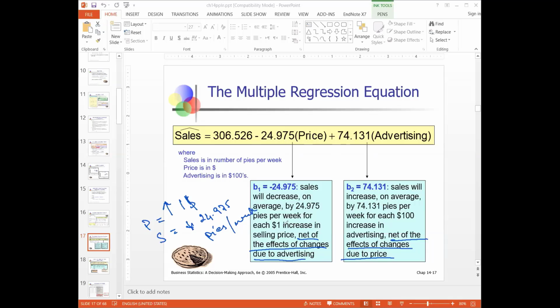When you say an increase in price by $1, you first have to assume that advertising is not changing, so that you can have a clear value. Similarly, if you change the advertising, you have to assume that price is not changing. That's why there is this value. In real life, both of them are definitely changing together, so it's more complicated.